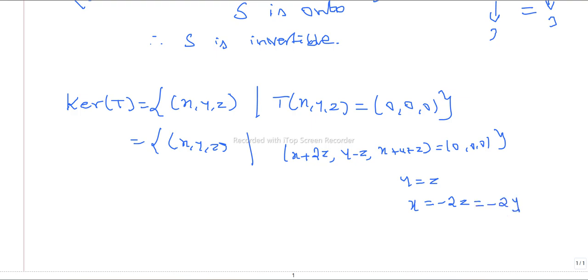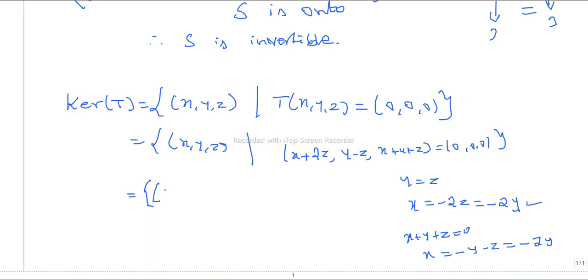In the last coordinate, we have x plus y plus z equal to 0, so we can express x equal to minus y minus z, which is nothing but minus 2y. We already proved that x equals minus 2y. Therefore, we can replace everything in terms of, if you want, y, or otherwise in terms of x. Anyway, only one variable.